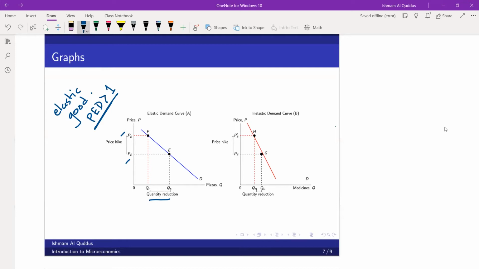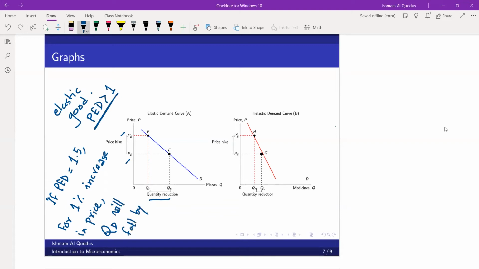So what's happening here is, let's say if PED was 1.5, then for a 1% increase in price, the quantity demanded will fall by 1.5%. So here people are more responsive. People respond to the change in price.